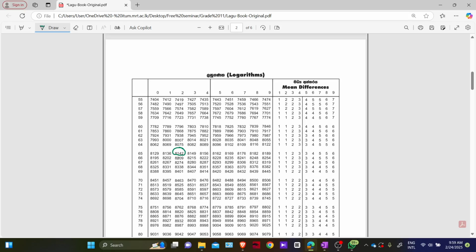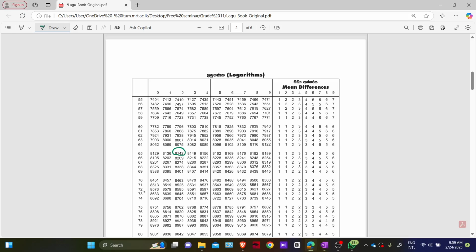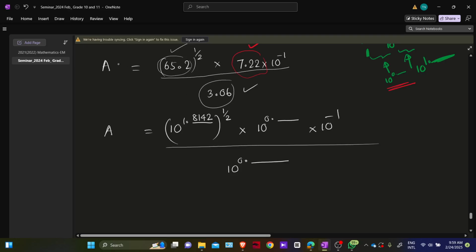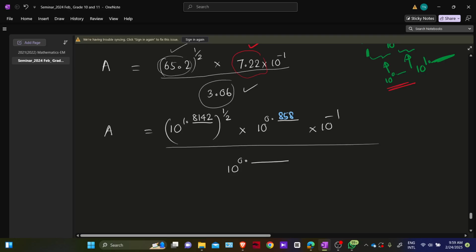The digits are 8142. Second one, 7.22. 7.2 is there. 7.22. 8585 is the answer.